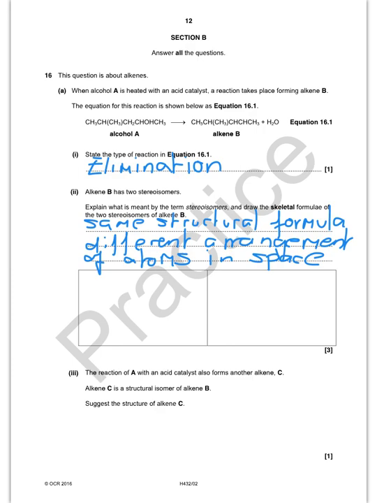Now, we've got to draw these 2 isomers. So your double bond is between those 2 carbons there. So we're going to put my double bond in like so, and then I've got a methyl group coming off one end like so, and obviously a hydrogen there.